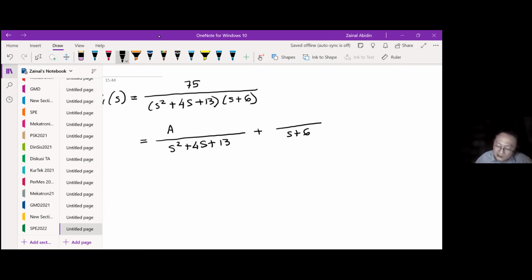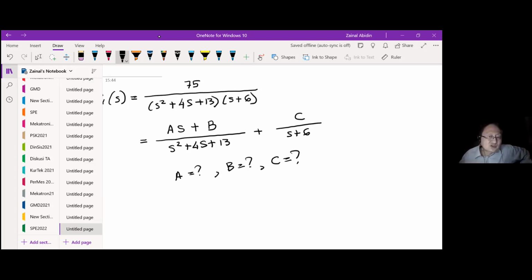But this one, because it is s squared, the power is lower than that one, so this one becomes As plus B, plus this one C. Find A, find B, and find C. When you find A, B, and C, then you can use the Laplace transform, right?